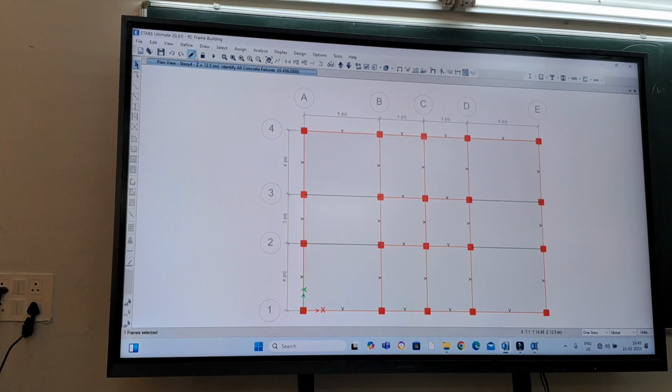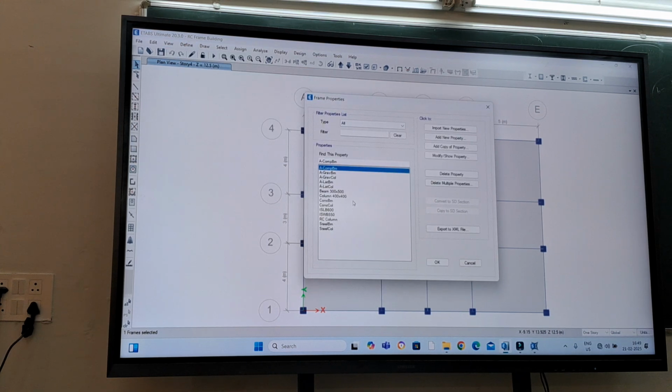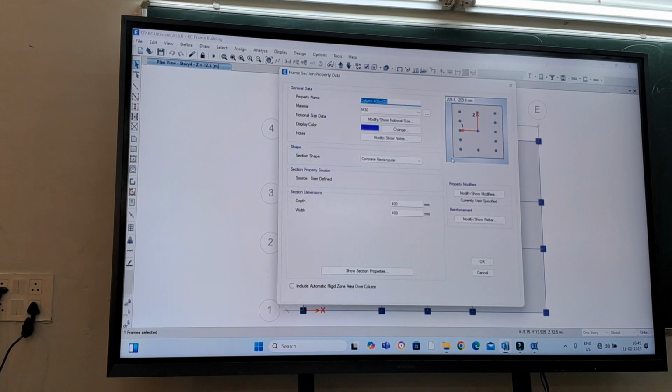So now we can revise the design since this is failing. You can go to increase the member sizes. Let's say instead of 400 by 400, and again, you can choose multiple member sizes at multiple locations.